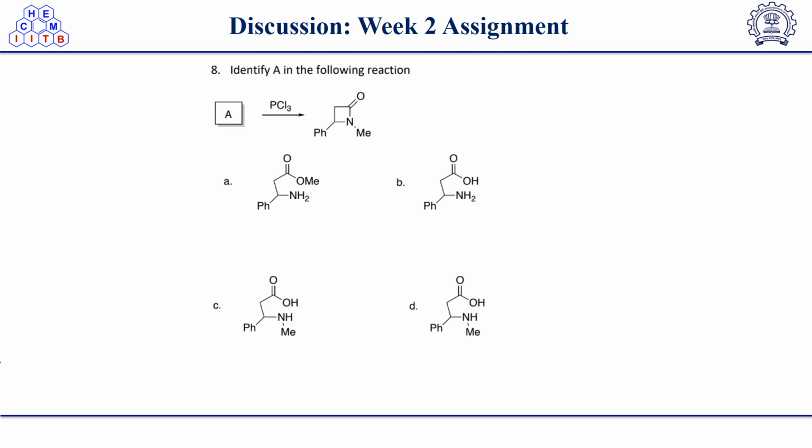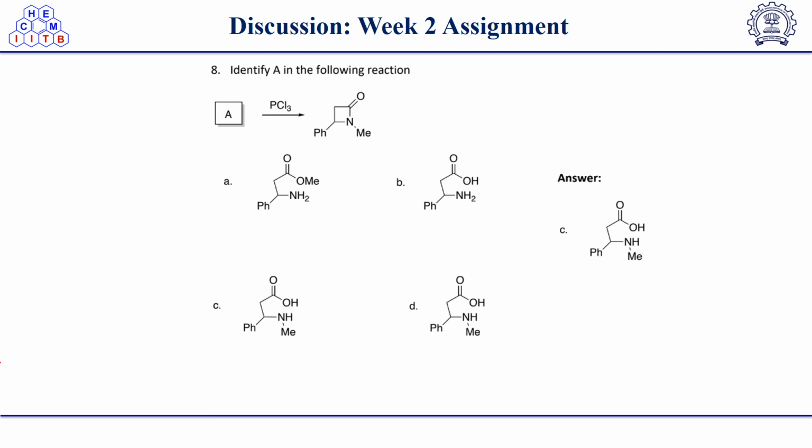We have already discussed that in the formation of beta lactams, the first reaction we discussed was cyclization. For cyclization, we told that in the case of beta amino acids, in presence of certain reagents, including acyl chloride, phosphorus trichloride, and thionyl chloride, this beta lactam formation will be taking place. So here the correct answer is this option C.